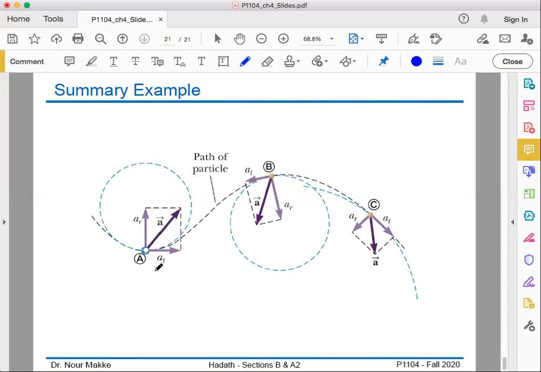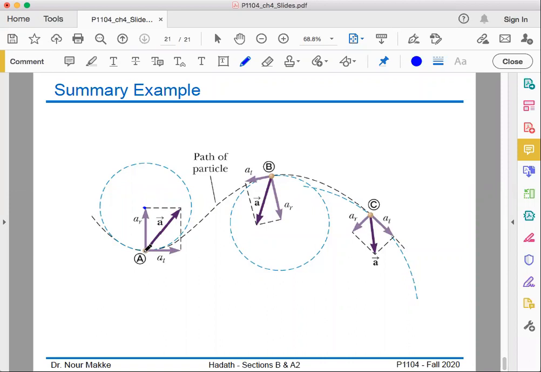First of all, at each point, we have two components for the acceleration, A_R and A tangential. The radial acceleration is all the time pointing inward, towards the center of the circle which the point A belongs to. And this is why we draw A_R inward.